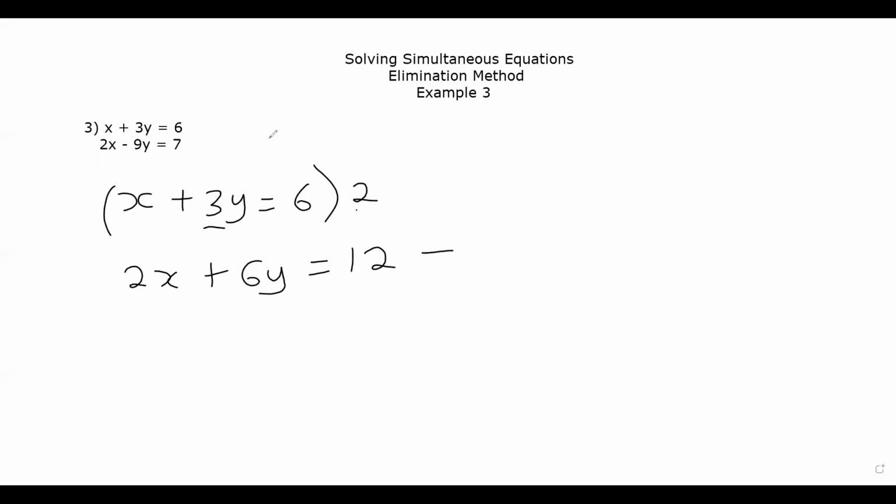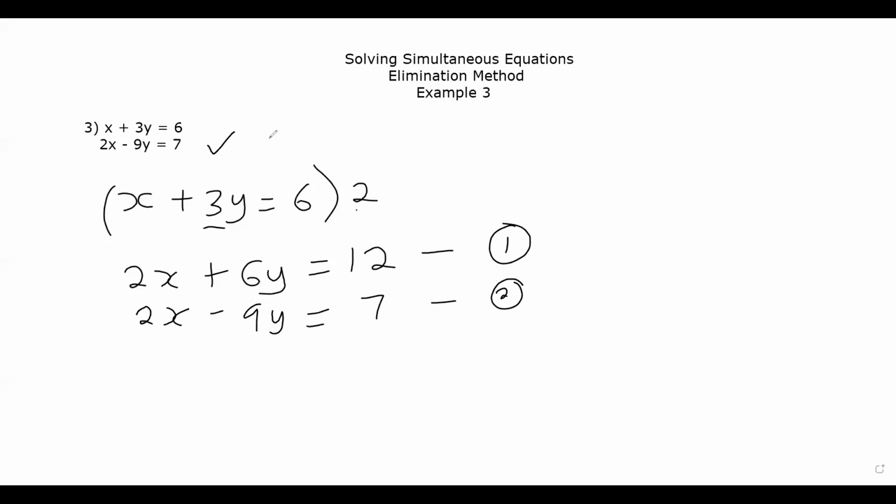This becomes my new first equation. I hope up to this point we're together. Okay, good. So we also take our second equation and put it here so that we evaluate them: 2x minus 9y equals 7. This becomes my second equation.